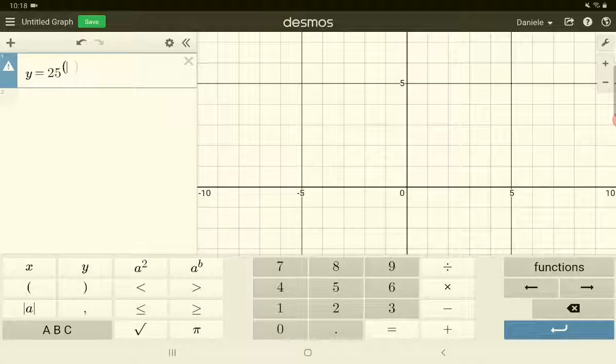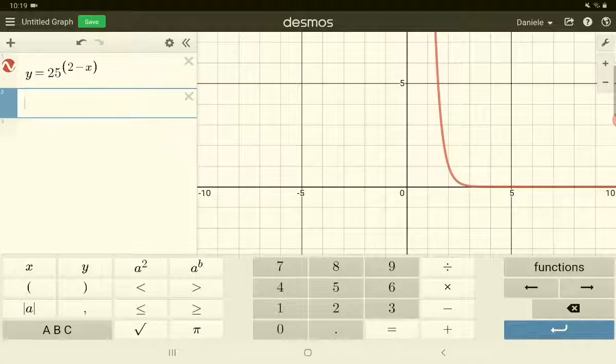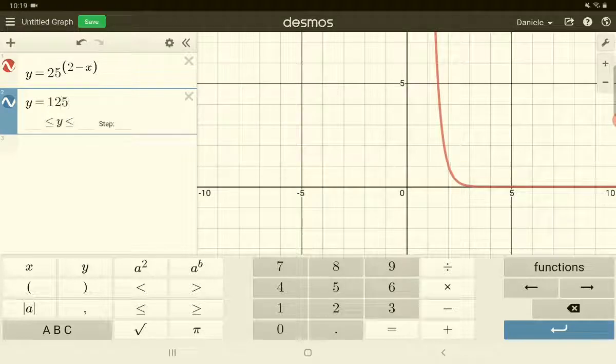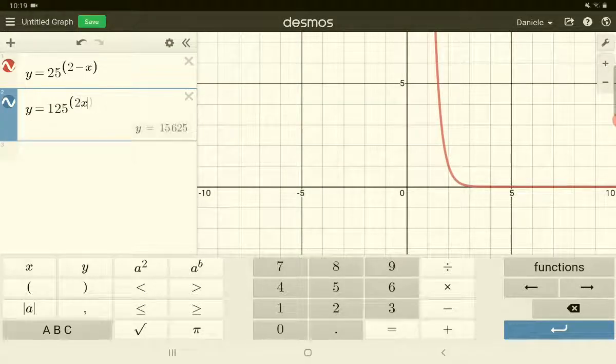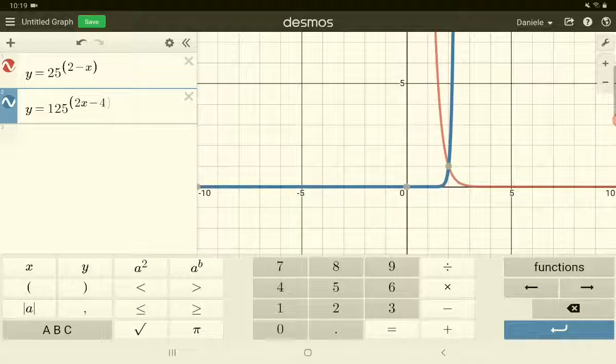It's the only way this works in Desmos. Then close your bracket. It will not work if I don't put those brackets around my exponents. My other equation is y equals 125 to the power of bracket 2x minus 4, close bracket.